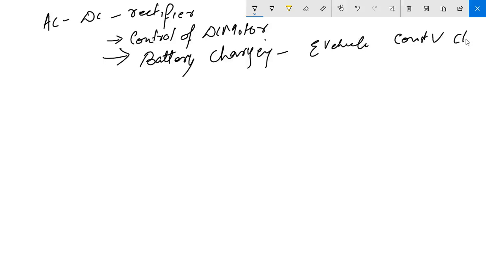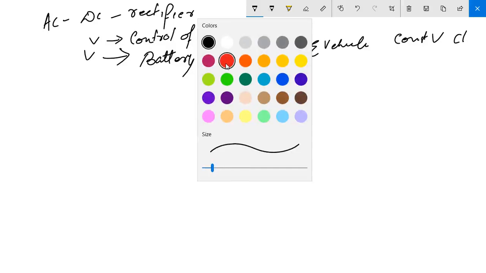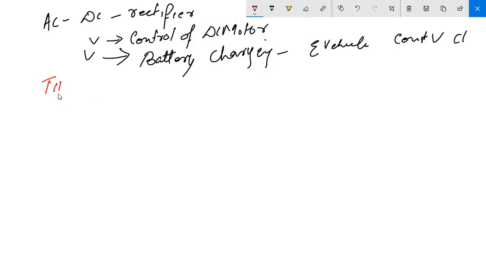So these are the two major areas involving rectifiers. Now, talking about two terminologies: THD, total harmonic distortion, and ripple factor.